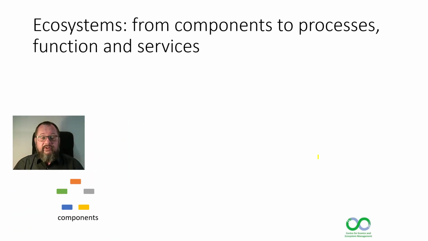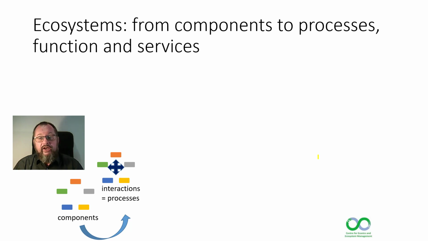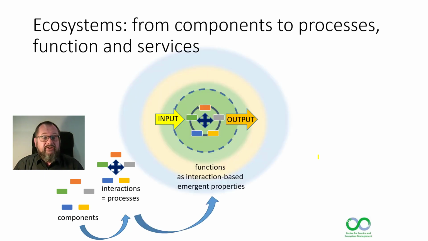What we have to summarize clearly, that ecosystems are consisting of components, and that these components start to interact, and this leads to processes, to change, often of the components themselves, and these components become a bigger whole.